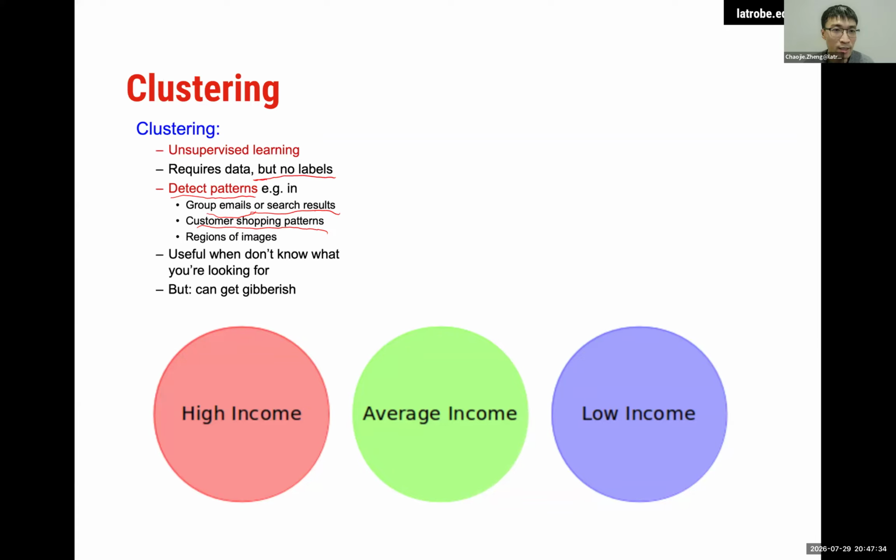We can also use it in image segmentation. We can use this method to cluster the entire image into several meaningful subregions.